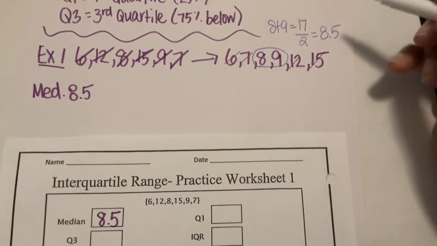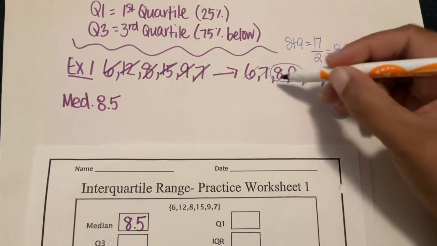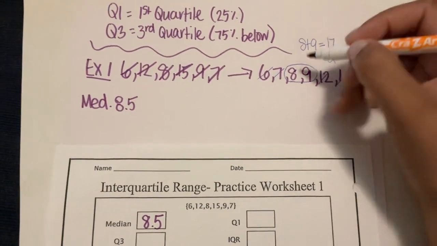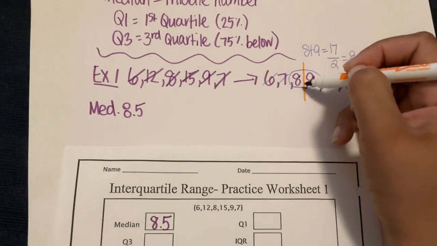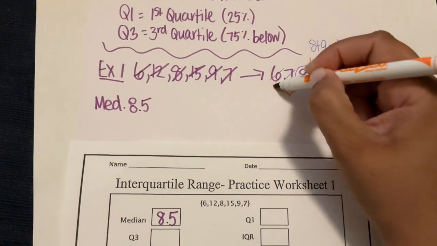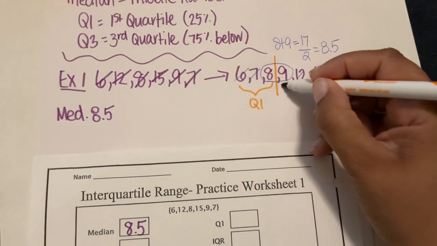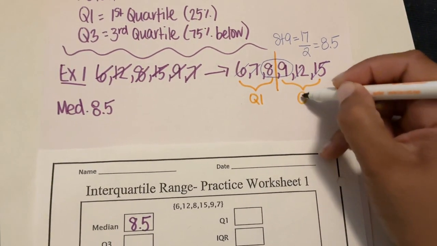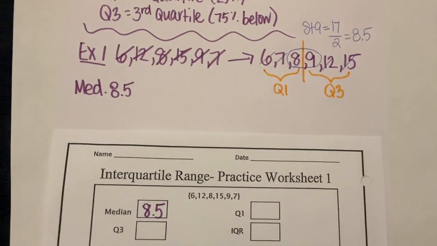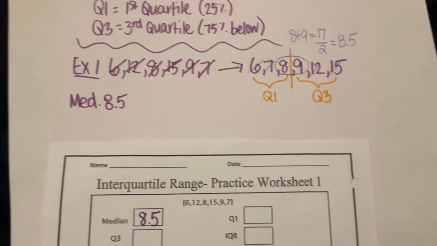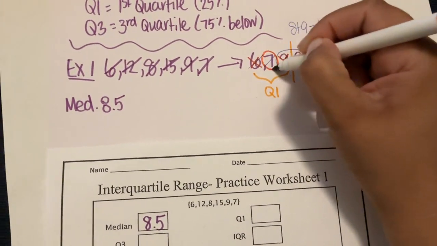Once you have the two numbers for the median, you draw a straight line through them. Now you look at this side to find Q1 and this side to find Q3. Again, we cross off until there's 1 or 2 left in the middle.